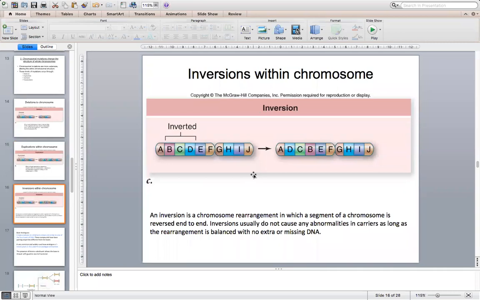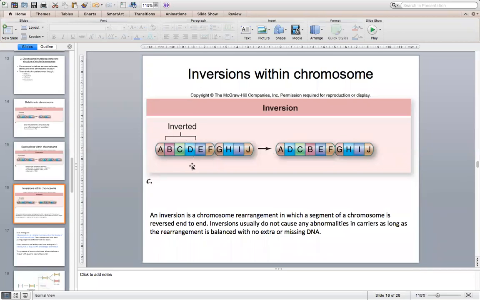Next one is the inversion. Inversion is nothing but a rearrangement. You can see the entire thing is rearranged. A, B, C, D, E, F. You can see this region is inverted and rearranged, so that B, C, D is seen in the opposite order.